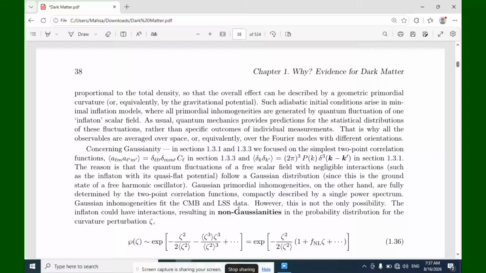That is why all the observables are averaged over space, or equivalently over the Fourier modes with different orientations.